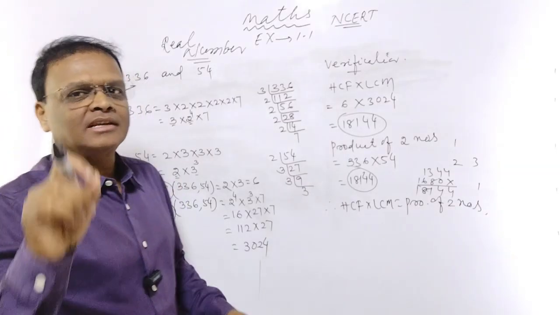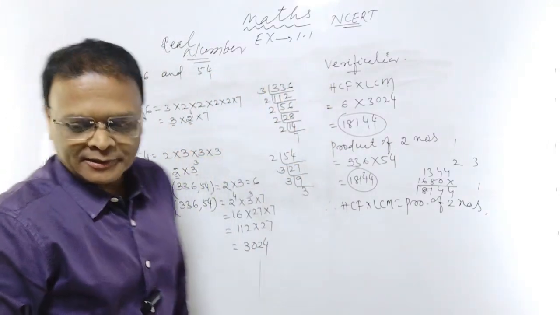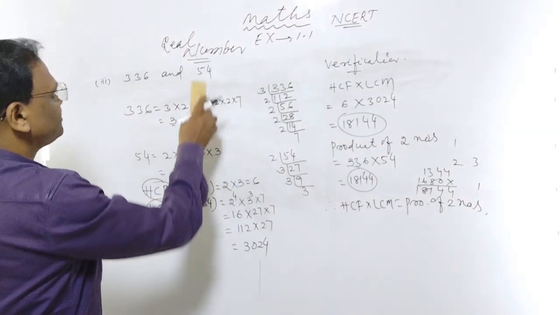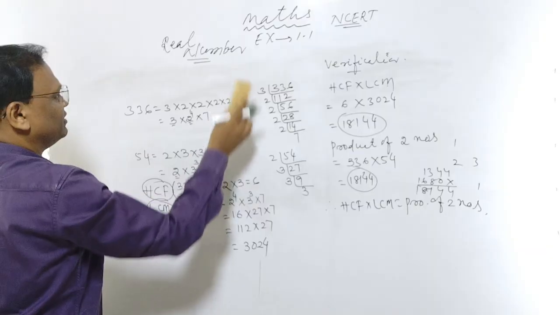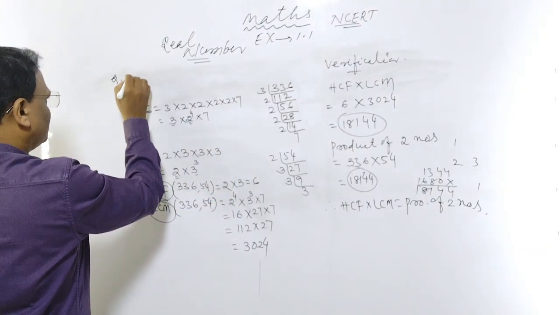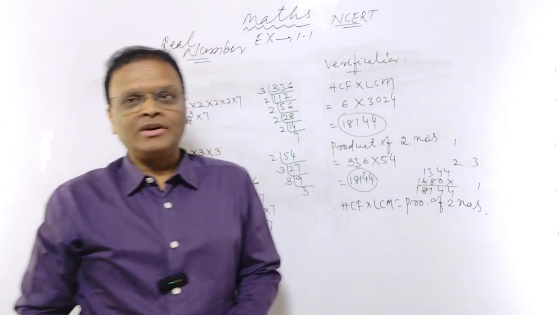This third one is just like as a homework to you. Question number 3, I'm writing here. Question number 3 is for yourself. You try yourself. At the last I'll give, and this third one you will try yourself.